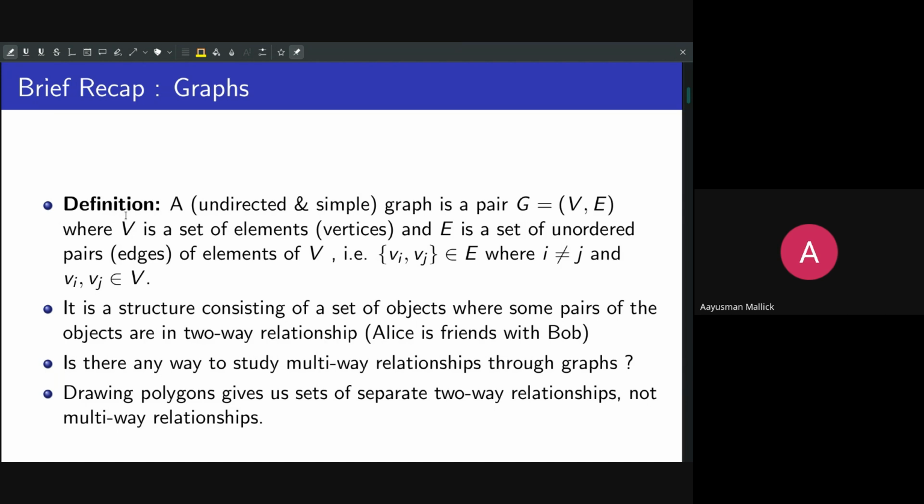Graphs can be used for modeling friendships, or any tournament, matches or game schedules where one versus one teams or one versus one players are present. But what about, for example, a relationship between more than two entities from a set of n entities?